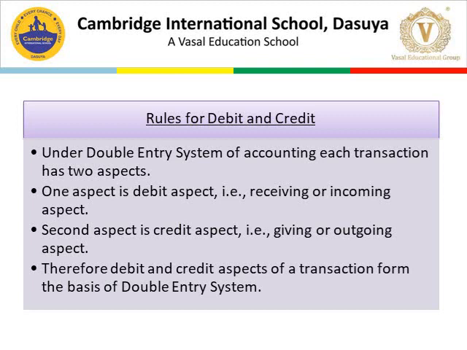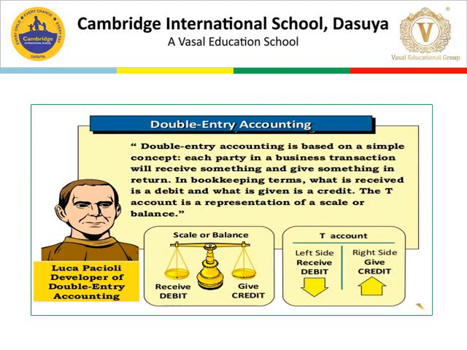It is very rightly said by Luca Pacioli, developer of double entry accounting. He said, double entry accounting is based on a simple concept. Each party in a business transaction will receive something and give something in return. In bookkeeping terms, what is received is debit and what is given is credit.